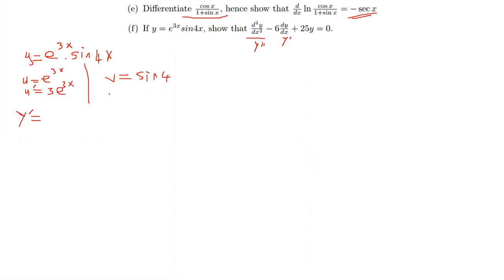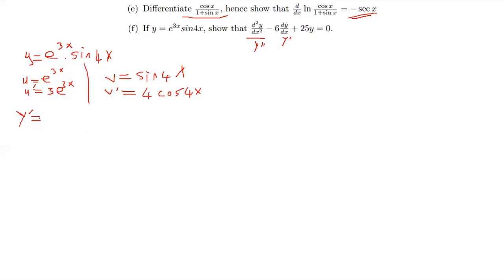The same applies to v prime. You differentiate the angle and get 4, then differentiate the trig ratio and get cos 4x.